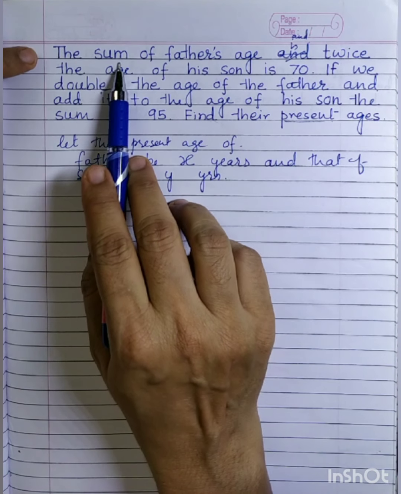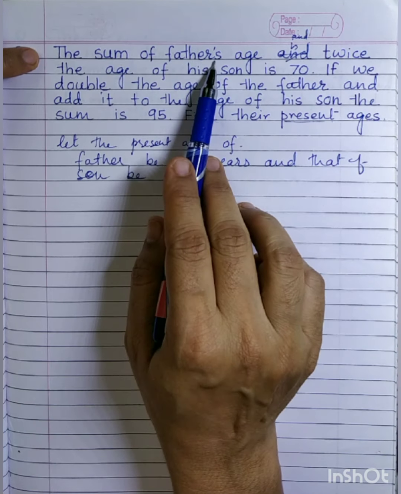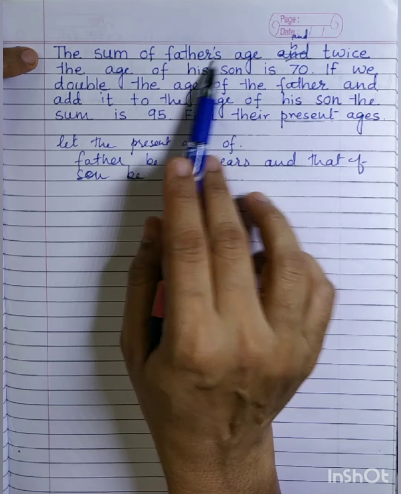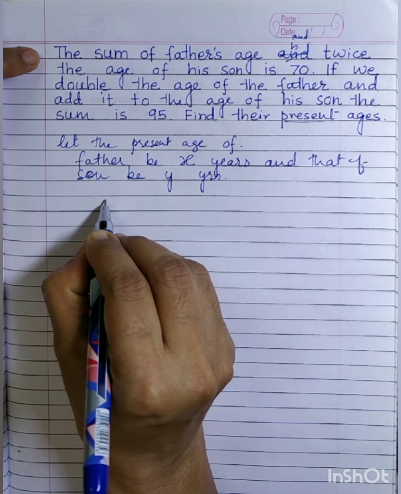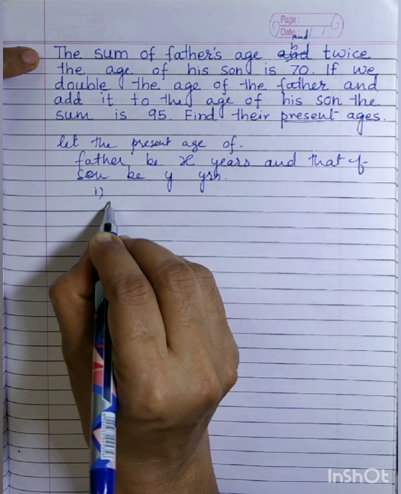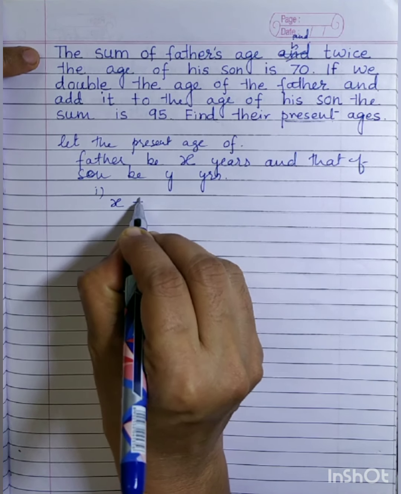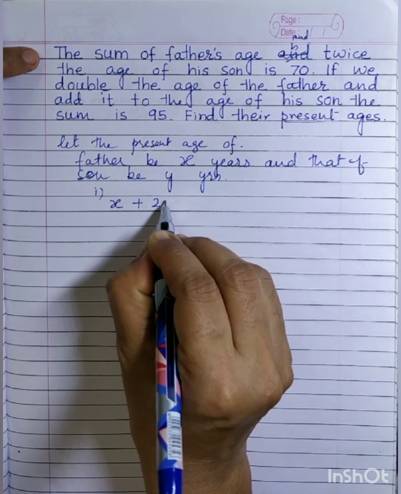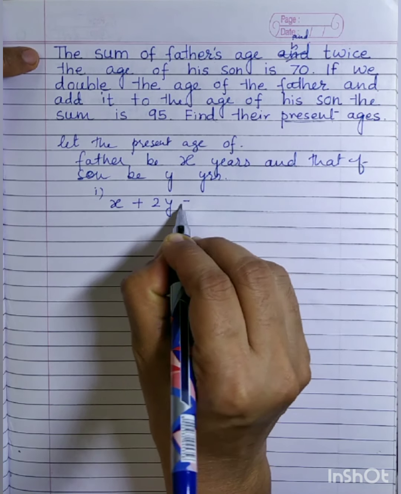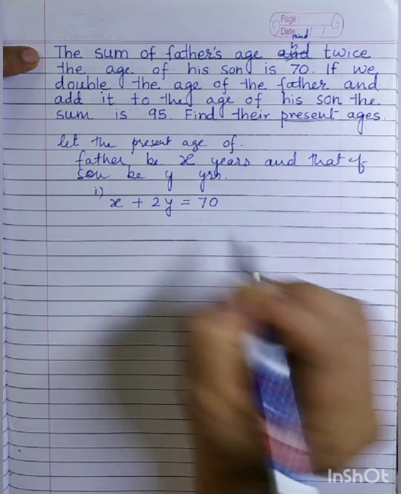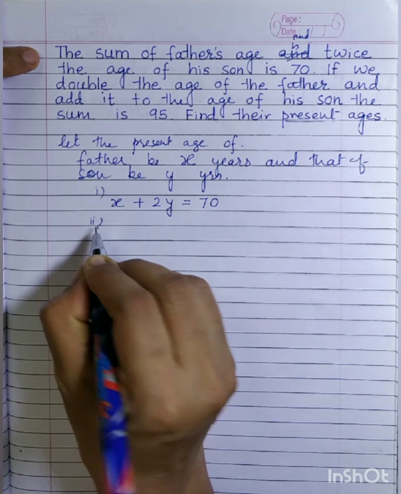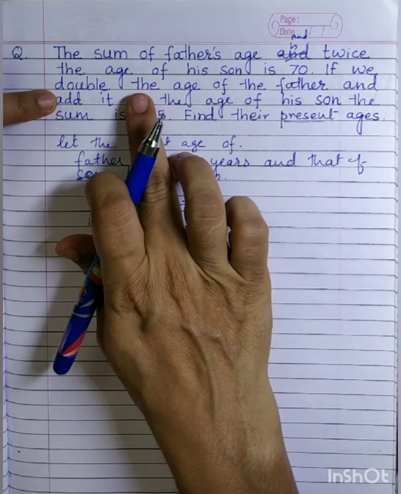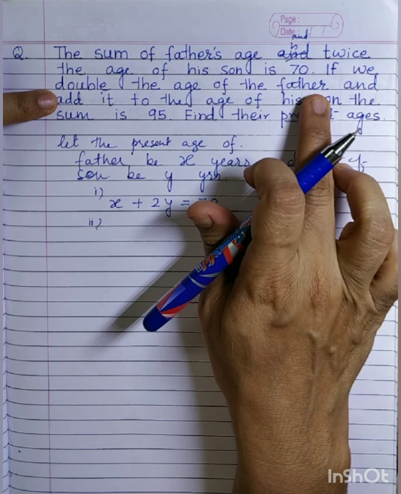Now the sum of father's age, as it is, X and twice the age of his son. So X plus twice age of son is equal to 70. Simple. Second condition, you see, if we double the age of father, what is age of father?